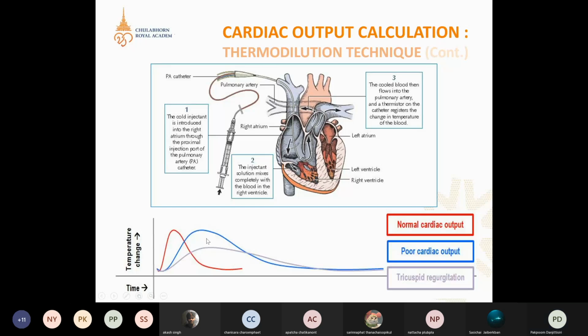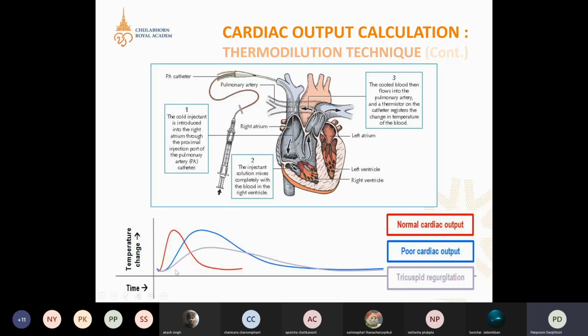So the whole blood that should be expected to go to the tip of the catheter will not be the whole blood, right? So we can say that the peak of the curve will definitely not be the same.